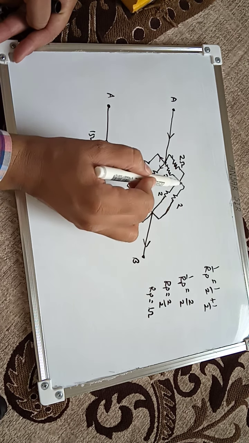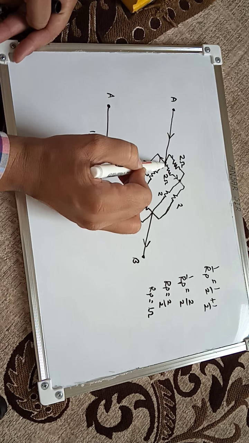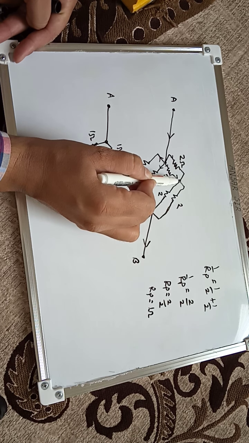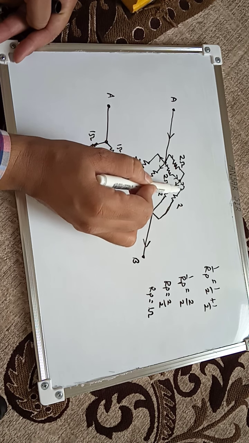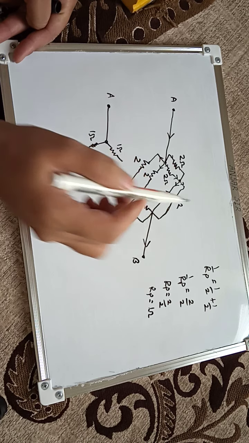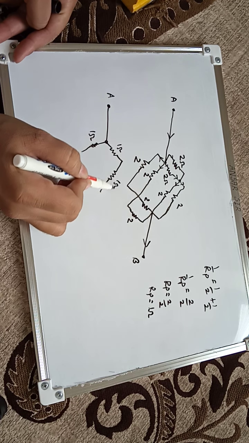Okay, now what about these 2? If the current comes here, what will happen to this current, 2 ohm current? It will again divide into 2 branches. Some current will go straight, some current will go into this branch. So these 2 also are 2 branches. So they will give us the resistance 1 ohm.